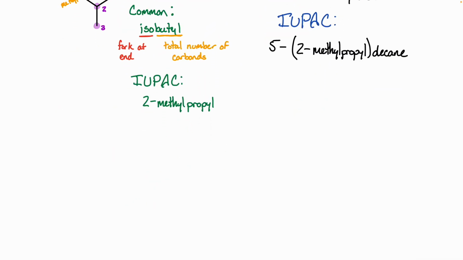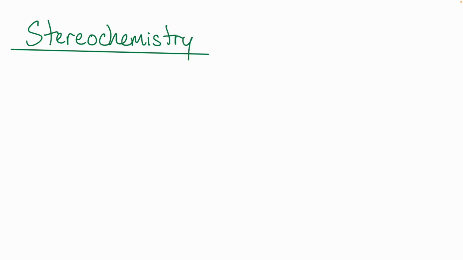Another sort of complication of nomenclature that I can throw at you is what's called stereochemistry. And this kind of rears its ugly head in a few different ways, okay? One thing I just want to say off the bat is you dealt with chirality the first semester.